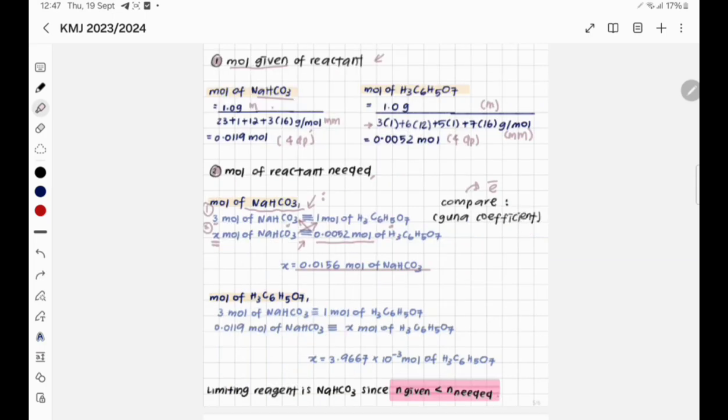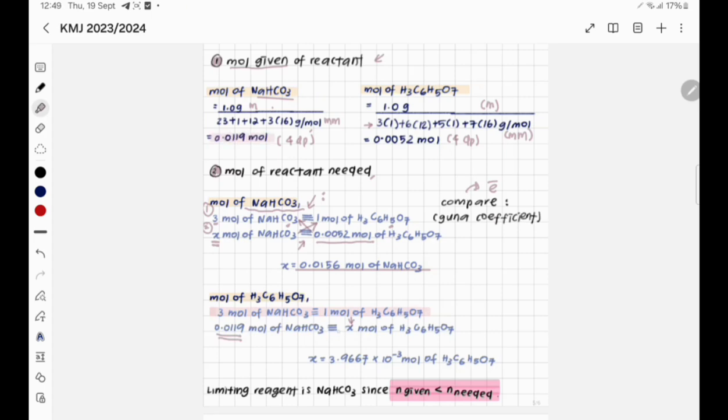So untuk citric acid pun benda yang sama je. So first step, kita compare guna coefficient daripada equation. Then in this case, unknown kita should be citric acid sebab kita nak dapatkan mole of citric acid needed. So gantikan dengan X. And then dekat mole sodium bicarbonate, kita guna jawapan mole given.